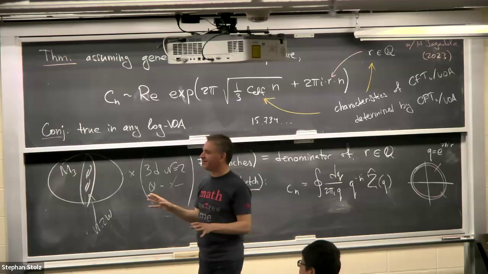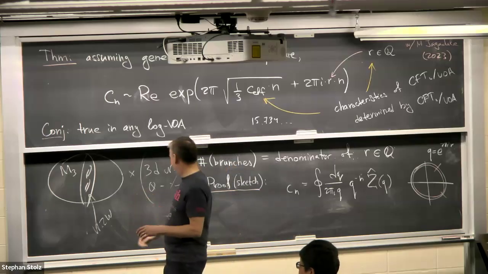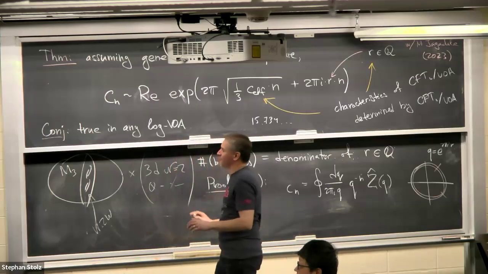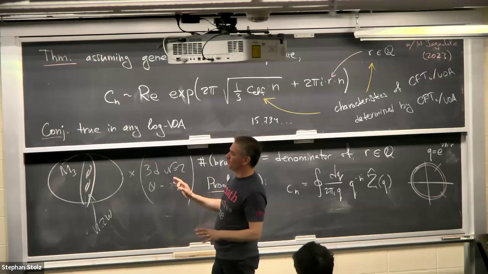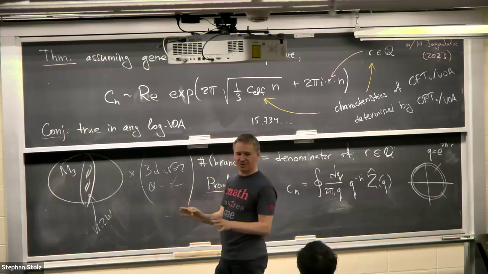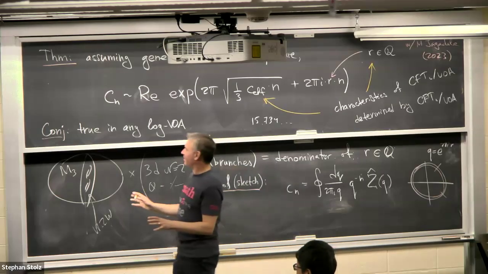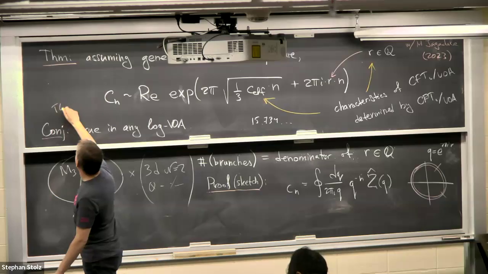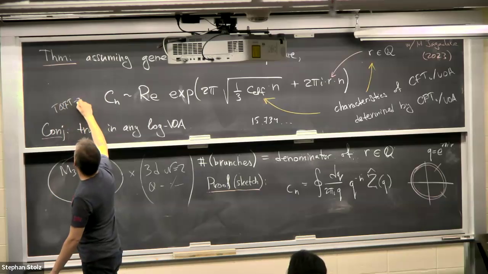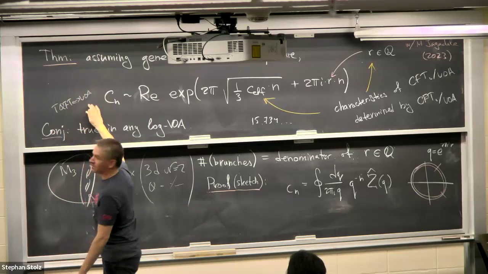So this is a completely different relation, because in this story there are two Kazhdan-Lusztig correspondences acting actually. One is the direct relation between TQFT and VOA in an old-fashioned sense.